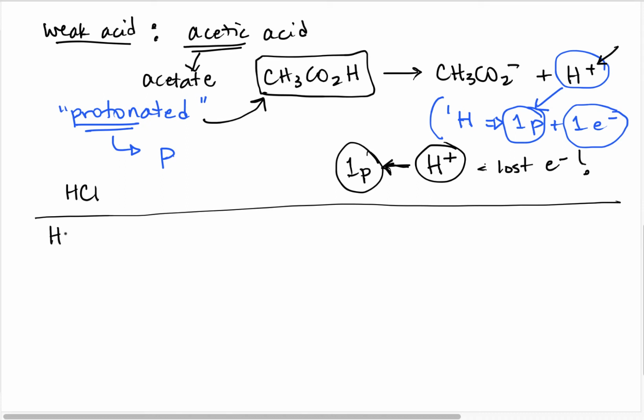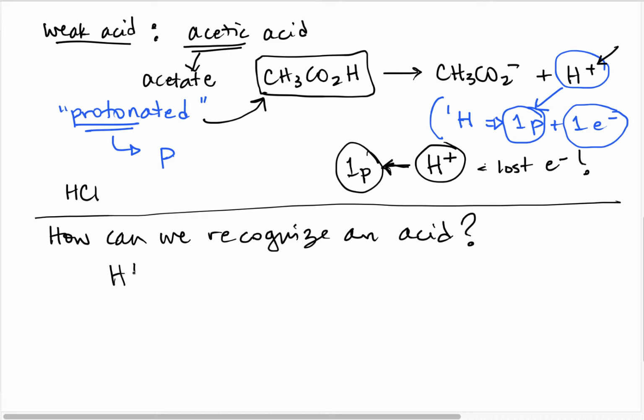So how can we recognize an acid? You probably can notice that an acid is going to be anything that has 1 or more H+ and an anion.